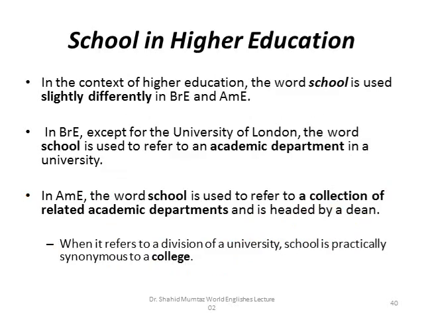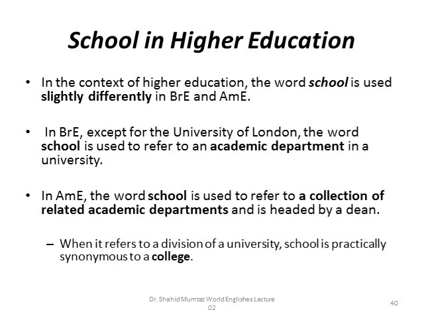In the context of higher education, the word school is used slightly differently in British English and American English. In British English, except for the University of London, the word school is used to refer to an academic department in a university.